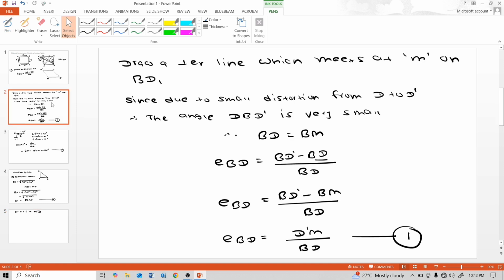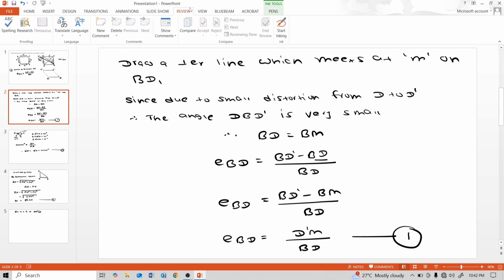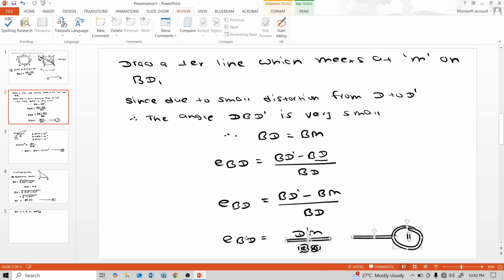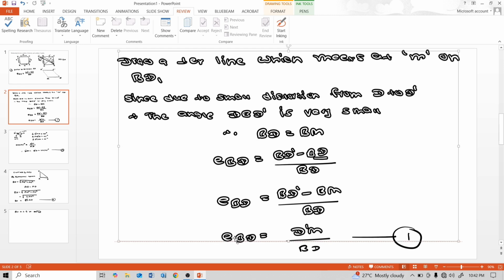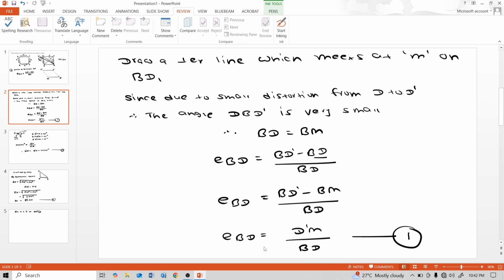Equation 1: strain in BD, EBD, is equal to D dash M upon BD.